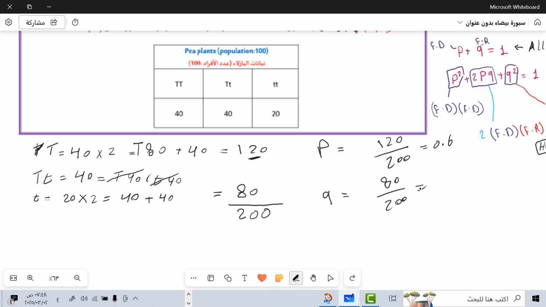Okay, let us see the other one, 80 divided by 200 equal 0.4.